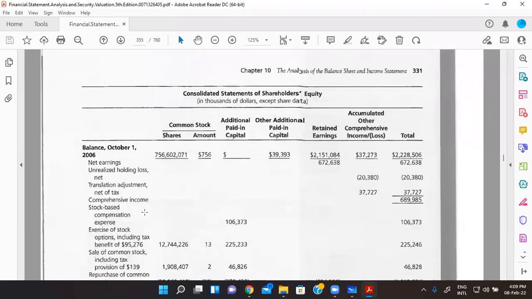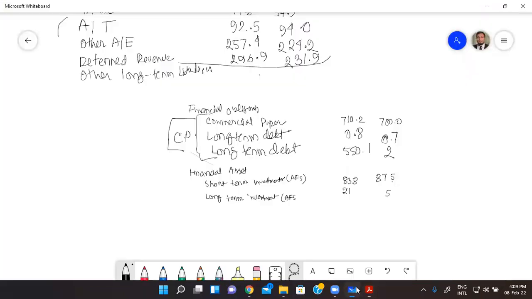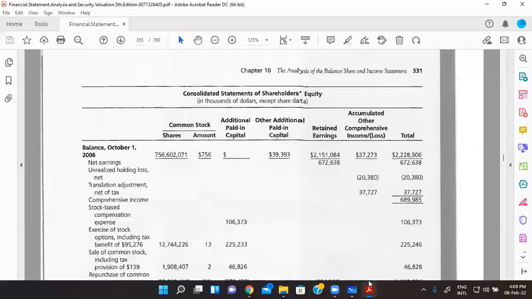So in other long-term liabilities, we already have 354.07 for 2007 and 262.8 or 9 in 2006. So we need to add the stock-based compensation here.